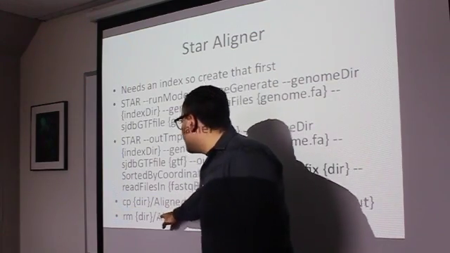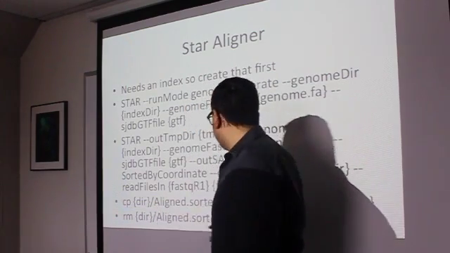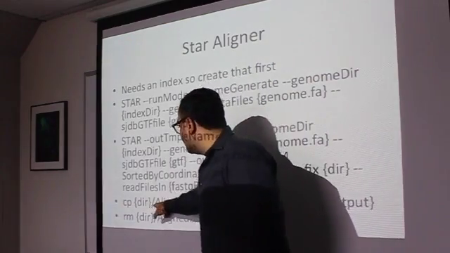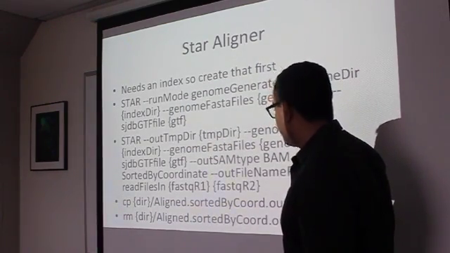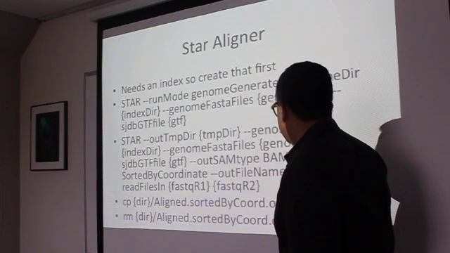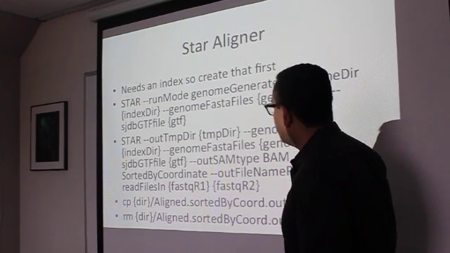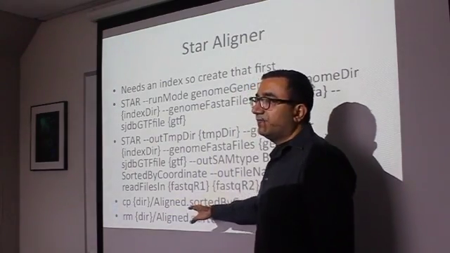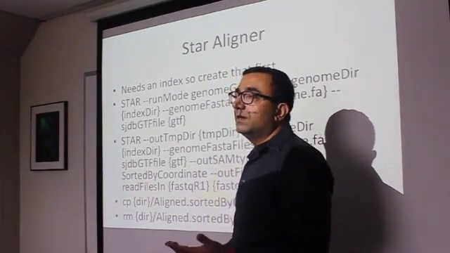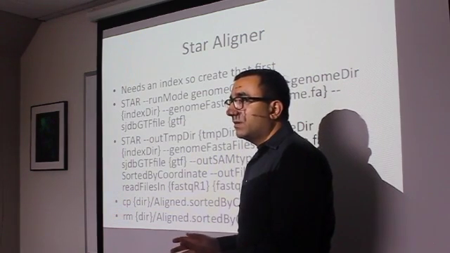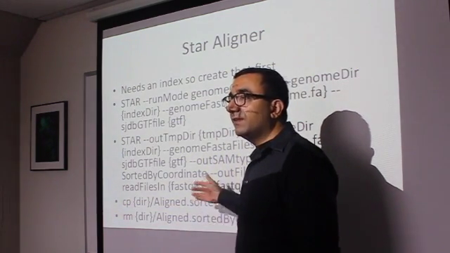All right, so then you copy this. This is just a simple command because it outputs the file like this. It's called Aligned.sortedByCoord.out.bam. So if you want to keep this name, which is very generic and it's the same name, and if all your files are being output in the same directory, it'll be replaced next time a new file is aligned.